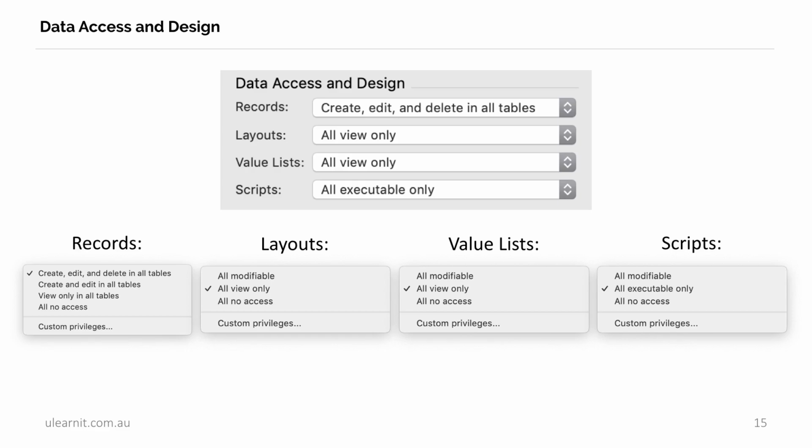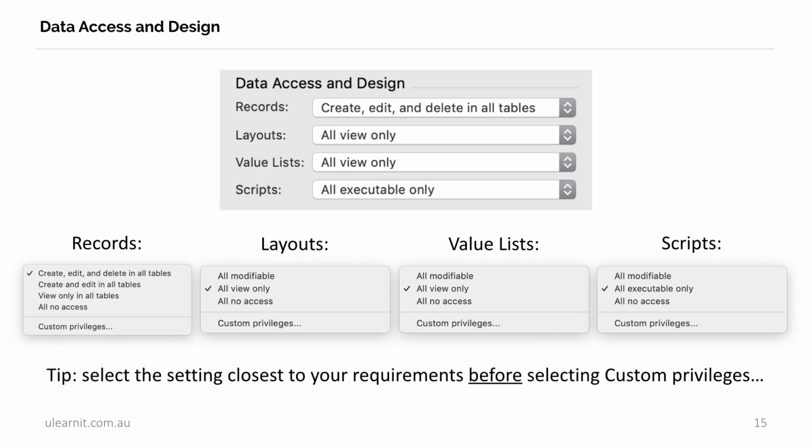So above the line of custom privileges, these options give us starting points for setting up our access to these various areas. So here's a pro tip. If you're setting up a new privilege set, then for each of these areas, you should select the setting that is closest to your requirements before then selecting custom privileges.